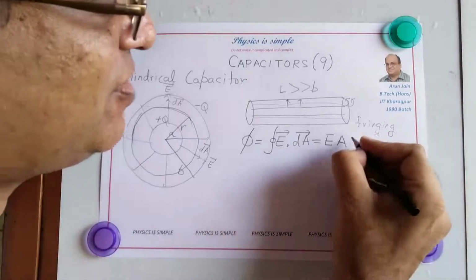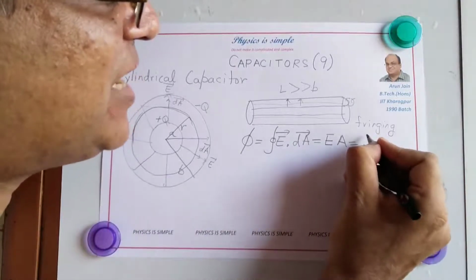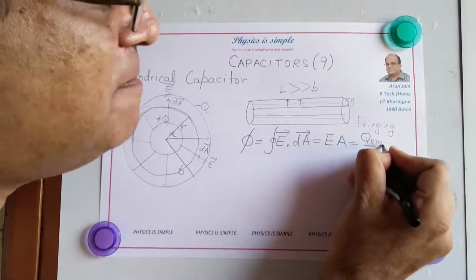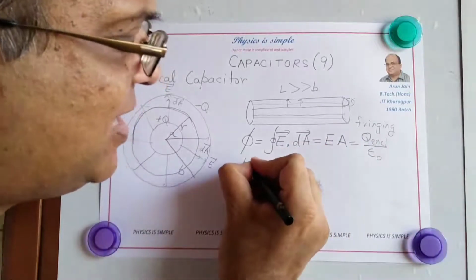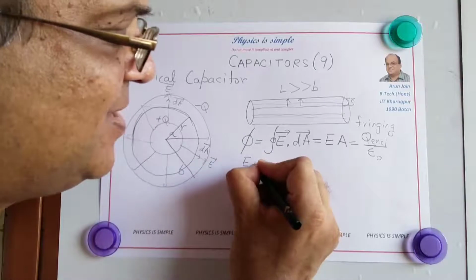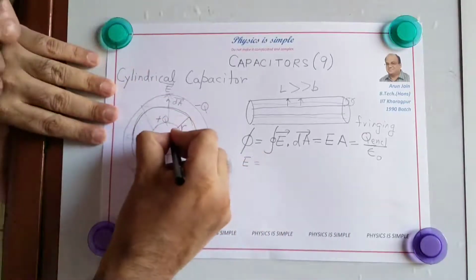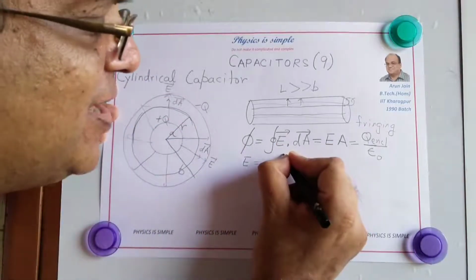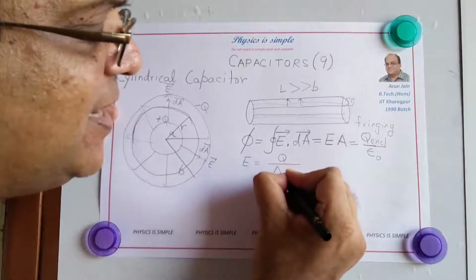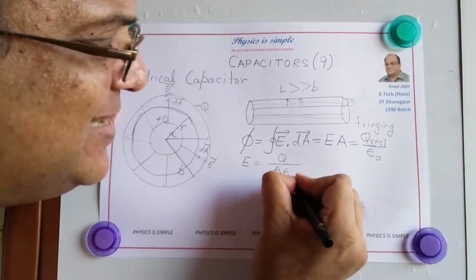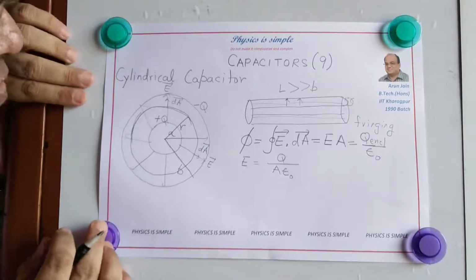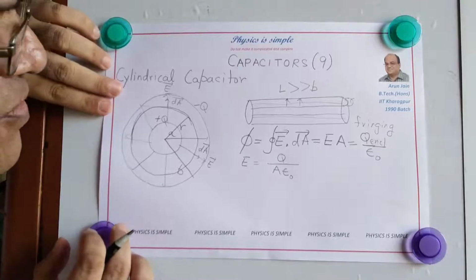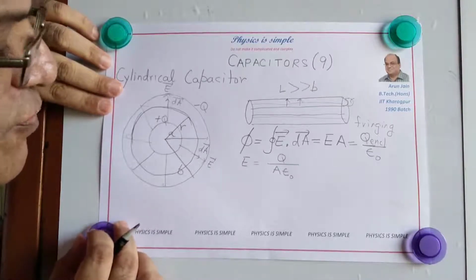And this by Gauss law is given by Q enclosed by epsilon naught. And therefore the electric field becomes, Q enclosed is Q, so Q by A into epsilon naught. A is the surface area of the curved part of the Gaussian surface.